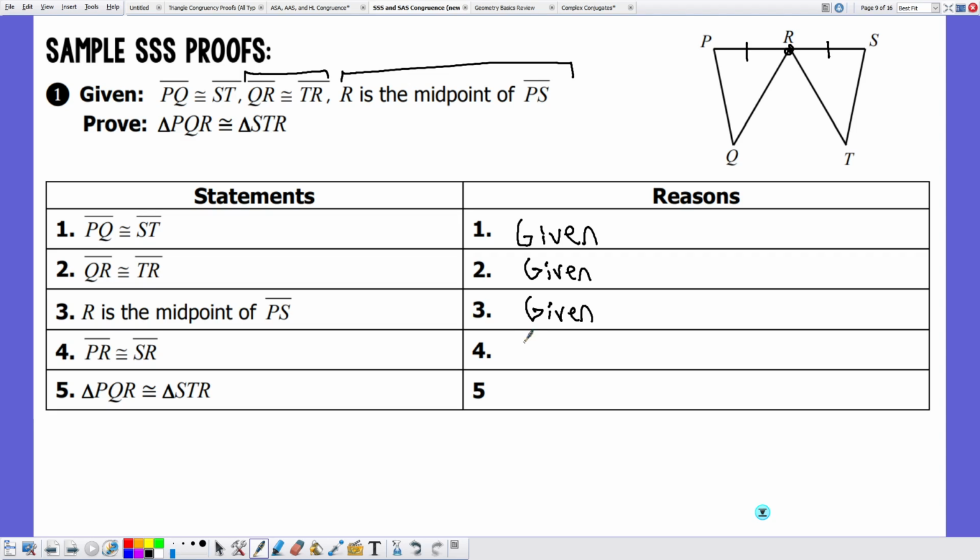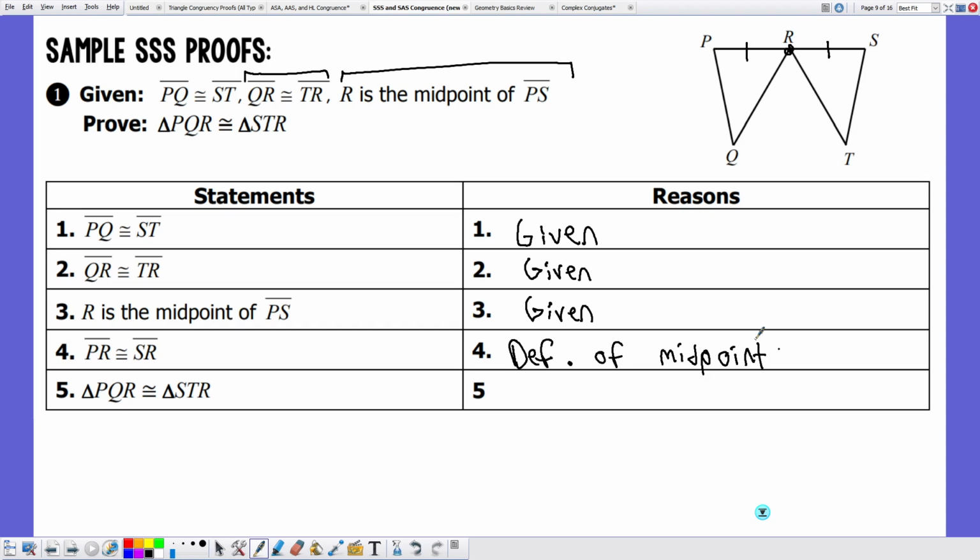Therefore, my fourth reason is going to be the definition of midpoint. The definition of midpoint states that if we have a midpoint on the line PS, it cuts it into two congruent pieces, PR and SR.